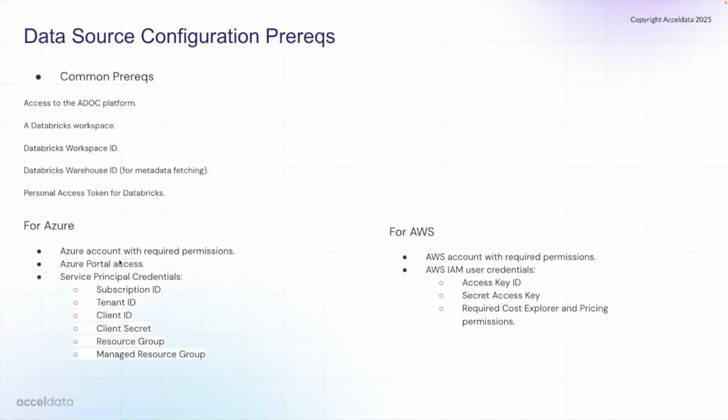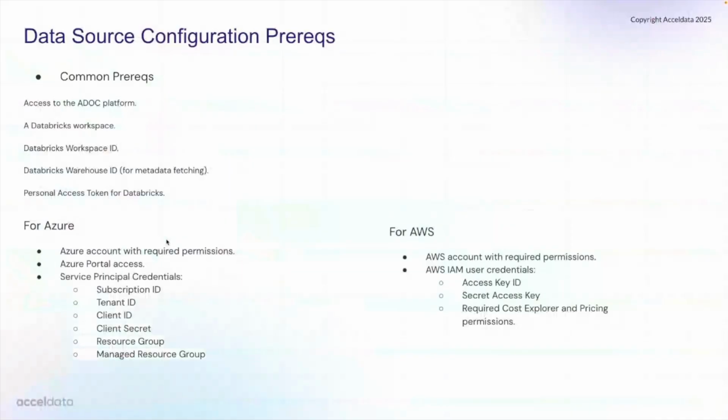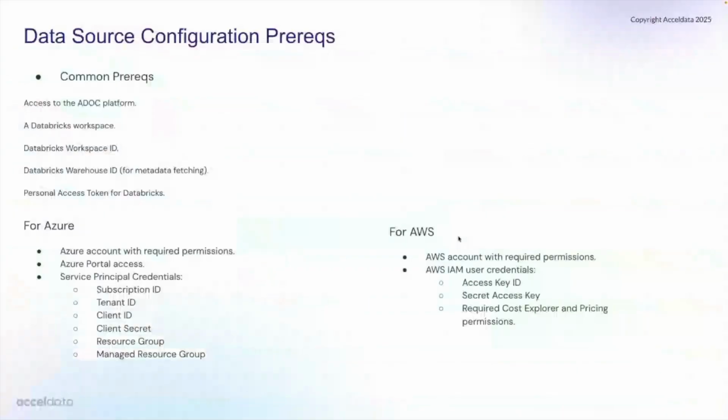In particular, for Databricks configured on Azure, we would need an Azure account with required permissions, access to the Azure portal, and service principal details like subscription ID, tenant ID, client secret, resource group, managed resource group, etc. For AWS, we would need the AWS account with required permissions, AWS IAM user credentials, access key ID, secret access key, and required cost explorer and pricing permissions.